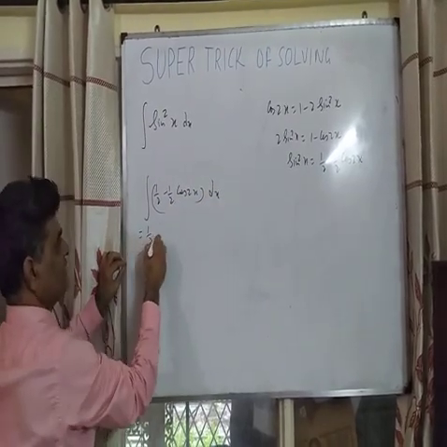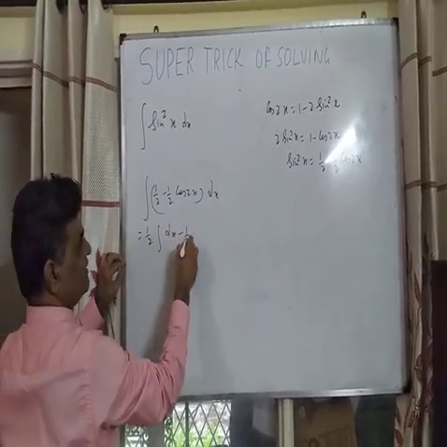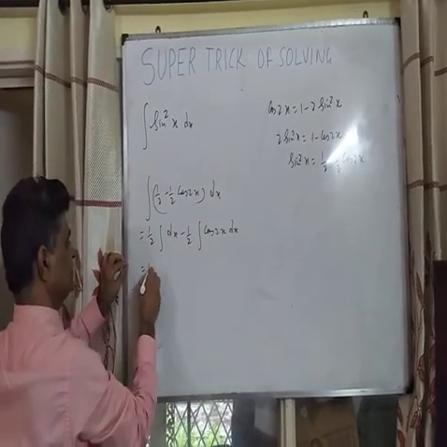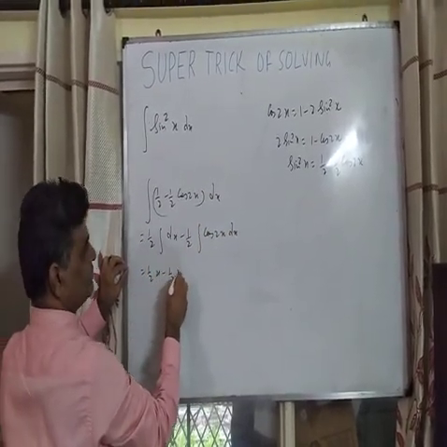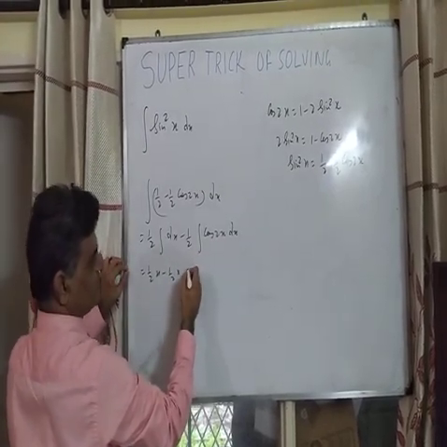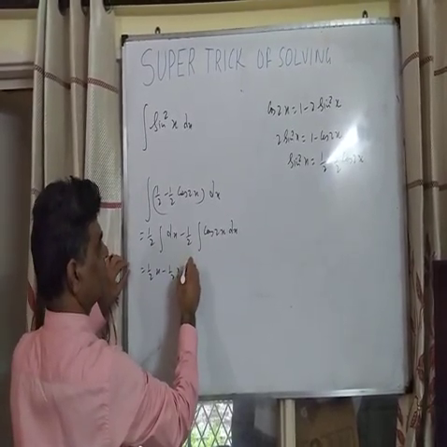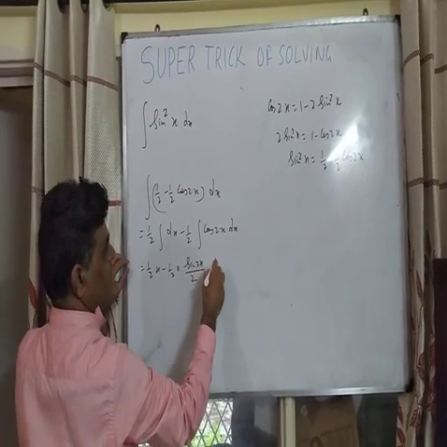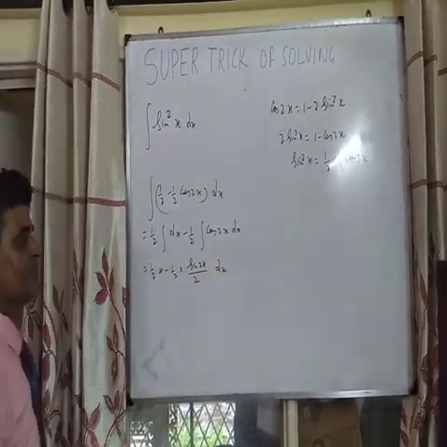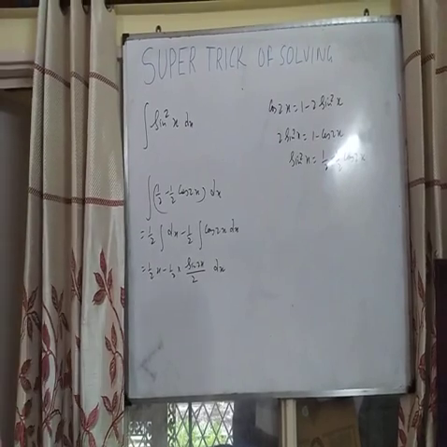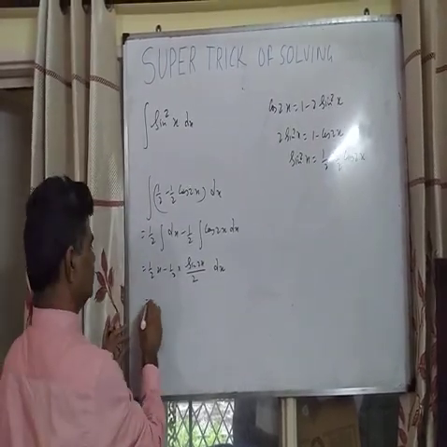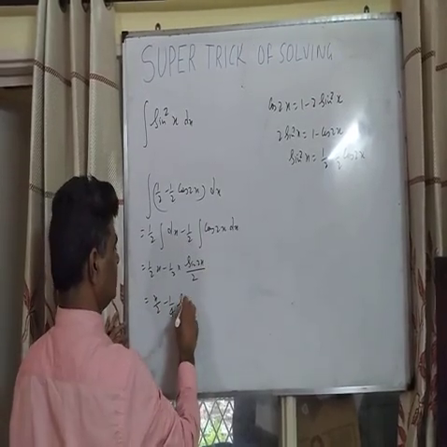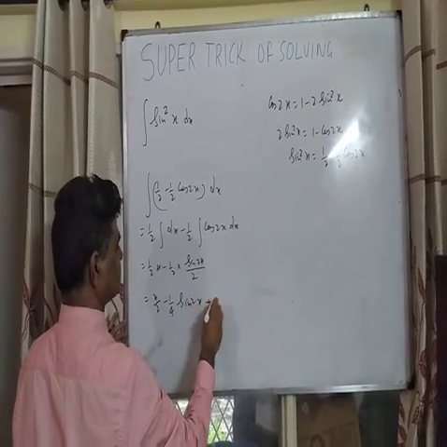So this is equal to 1 by 2 dx minus 1 by 2 cos 2x dx. So it is 1 by 2 x minus 1 by 2, and integration of cos 2x is how much? Sin 2x upon 2. Right? So this is x by 2 minus 1 by 4 sin 2x plus c.